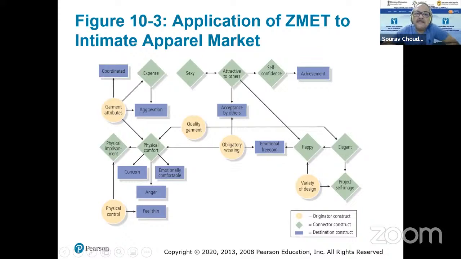So this is the ZMET applied to the intimate apparel market. So what happens is, suppose there are 20 people who are called, and they are told, we are going to do some research on the apparel market. Can you bring in some props or something written which can show us the apparel market?